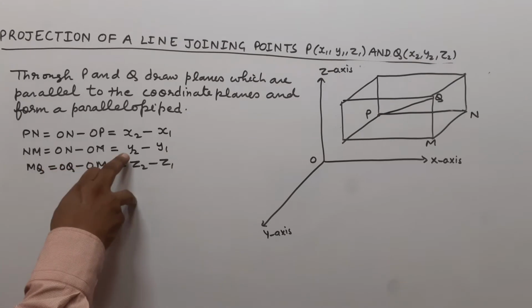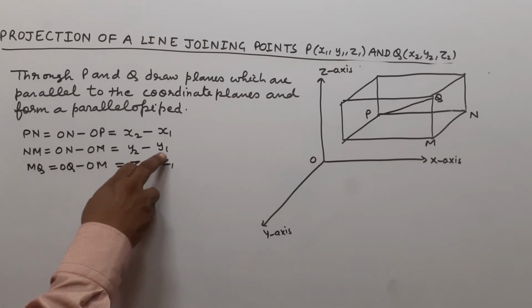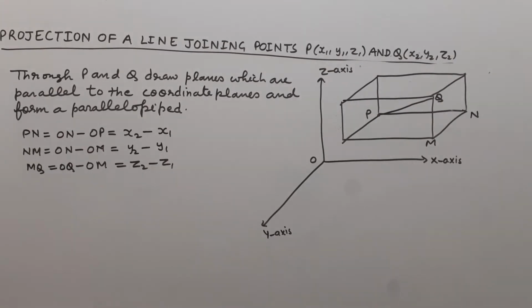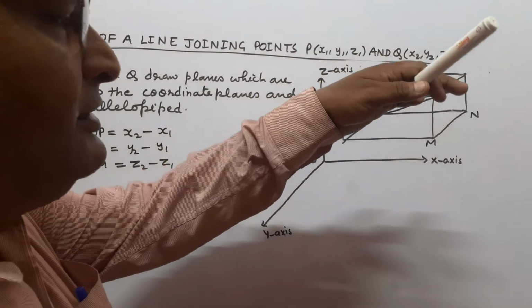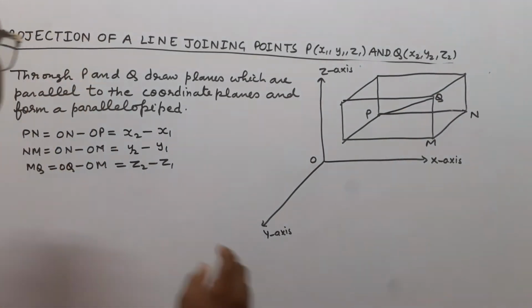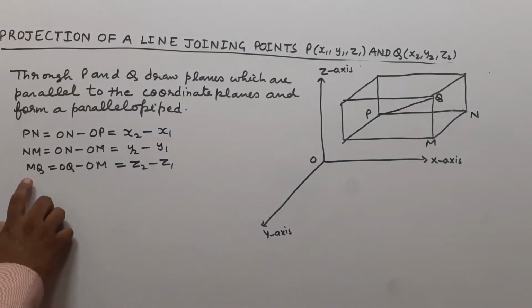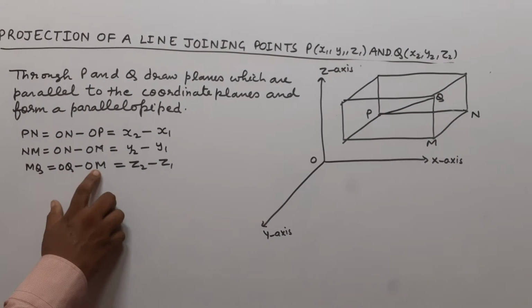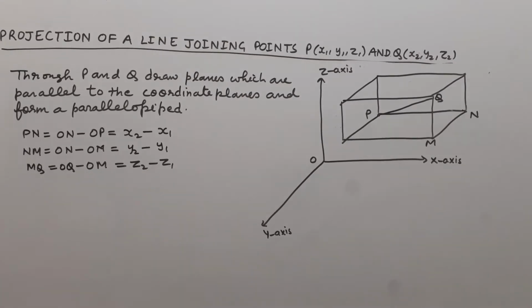Similarly for MQ, we find OQ minus OM. You can imagine a box here and find QM, that is MQ. MQ is equal to OQ minus OM, that is z2 minus z1.